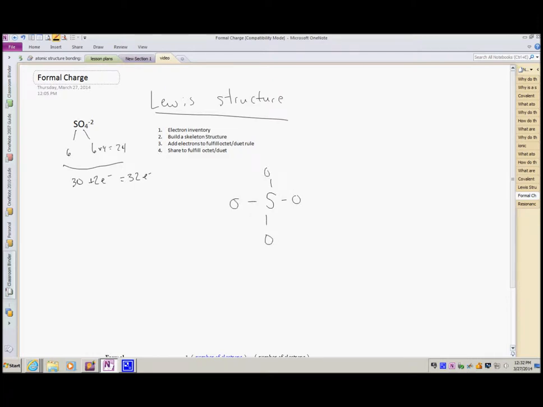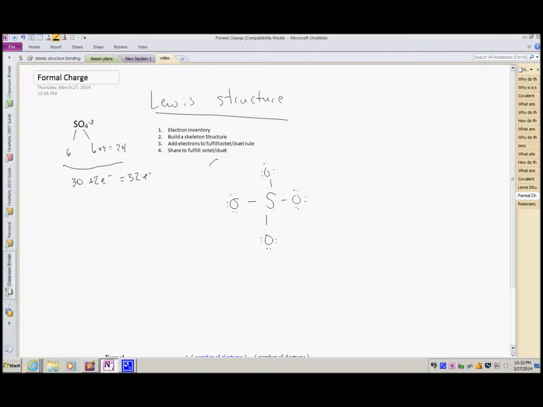Okay, we start adding electrons to fulfill the octet and duet rule. So 2, 4, 6, 8, and we get 10, 12, 14, 16, 18, 20, 22, 24, 26, 28, 30, and 32. All right, it fills up nicely.